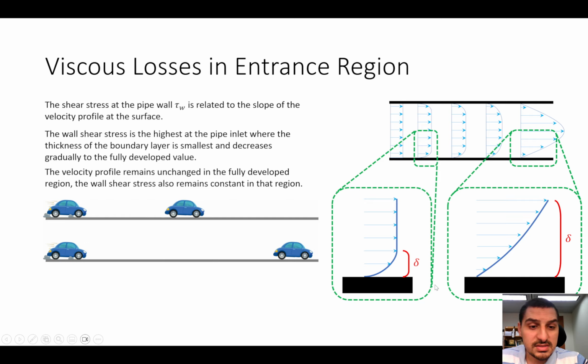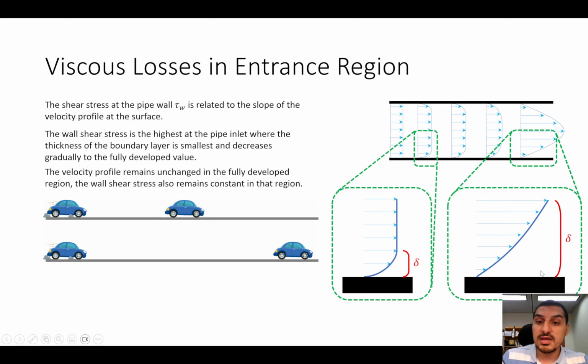So the friction here is equivalent to the shear force here. The shear force is the friction between a layer of the fluid and the inner wall of the pipe, the same as the car and the ground. And the velocity change is the same as the velocity change here between here and here. And this distance is equivalent to this distance from the pipe wall.